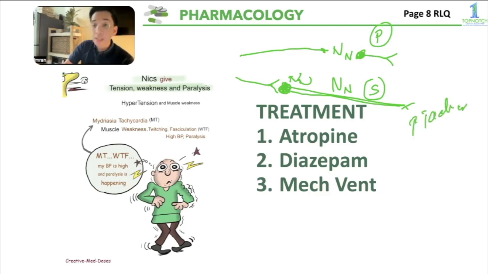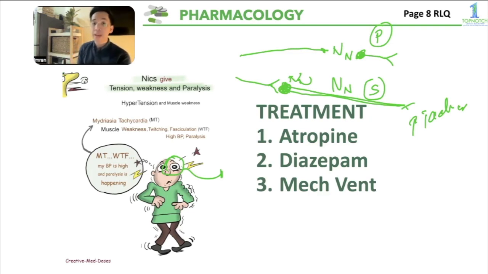Naintindihan ba? Kaya at the same time, with the nausea and vomiting and yung mga increased secretion, meron din yan tachycardia, yung mga ganyan, and CNS stimulation, no? So, fasciculation, mga ganyan, high BP, no? So, those are sympathetic nervous system reactions. Mydriasis, as you can see, no? Lumalaki yung pupil size, no? Which is part of the sympathetic nervous system reaction. So, para siyang mixed na parasympathetic and sympathetic nervous system.